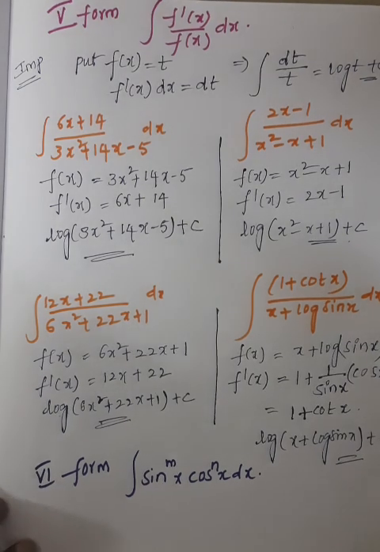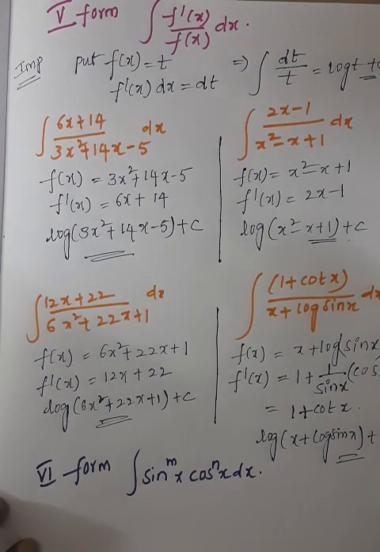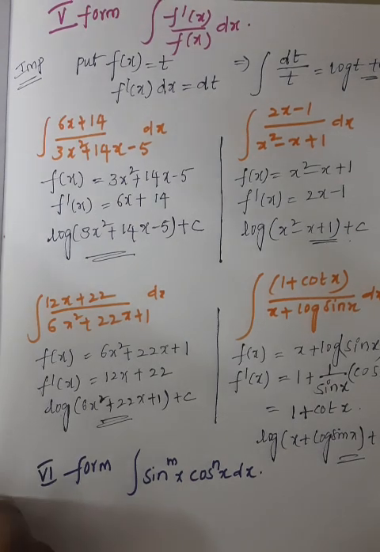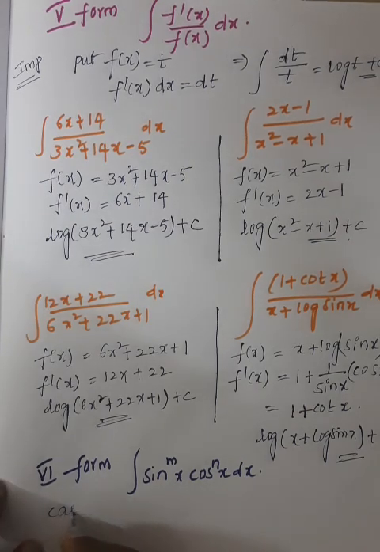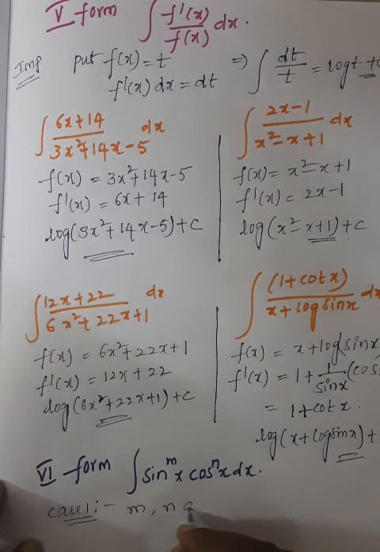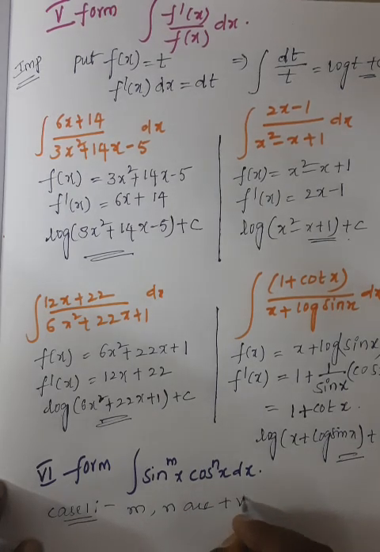Now let us move on to our next form, which is the sixth form, integration of sin power m x into cos power n x dx. Here a few different cases according to the values of m and n are discussed below. Case 1. Here m, n are positive integers.